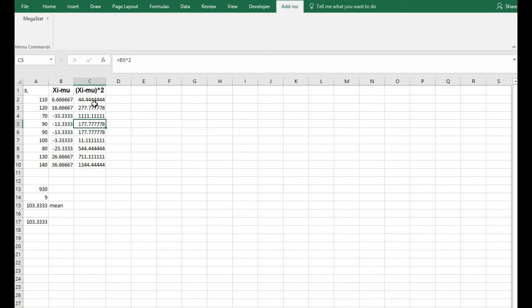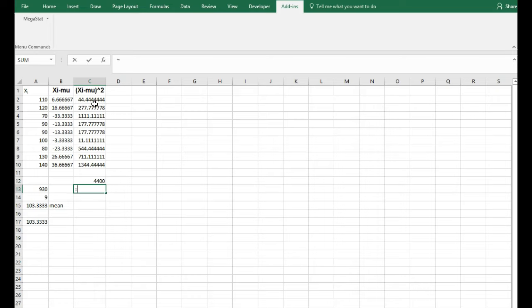Okay, so we took the difference between the x sub i and the mean, and this is what this column is. We square those differences. We add those up. Okay, 4,400 exactly. And we divide that by n.